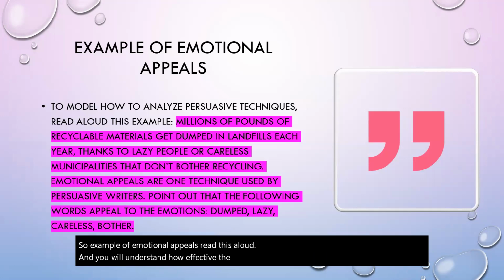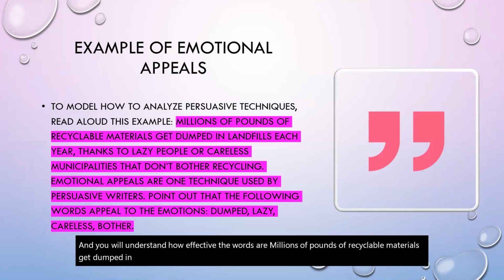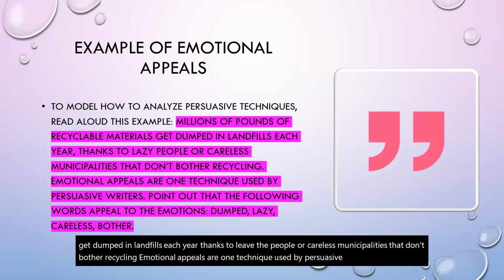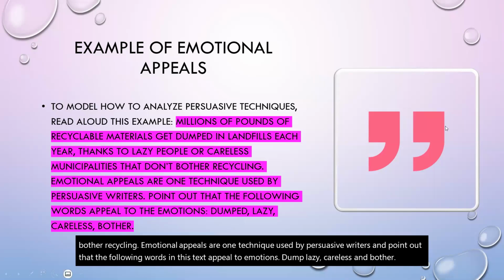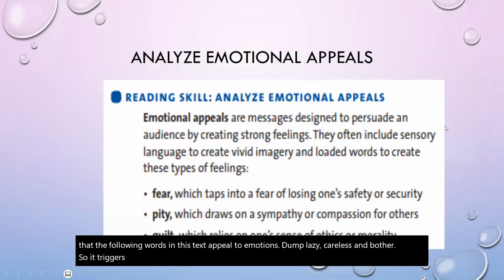Millions of pounds of recyclable materials get dumped in landfills each year, thanks to lazy people or careless municipalities that don't bother recycling. Emotional appeals are one technique used by persuasive writers, and point out that the following words in this text appeal to emotions: dump, lazy, careless, and bother. So it triggers some emotions in the reader.